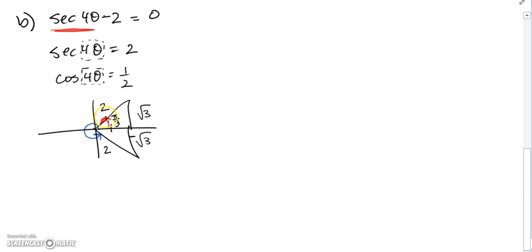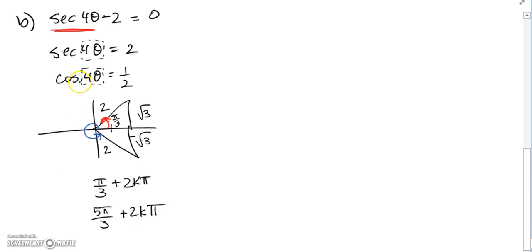So the red one is just pi over 3, and then we're going to add 2k pi to it to pick up all the other ones, k being an integer, of course. And the blue one is going to be, if I were to go all the way around, it would be 2 pi, which would be 6 pi over 3. But I'm just going to stop one short, so we'll make it 5 pi over 3 plus 2k pi.